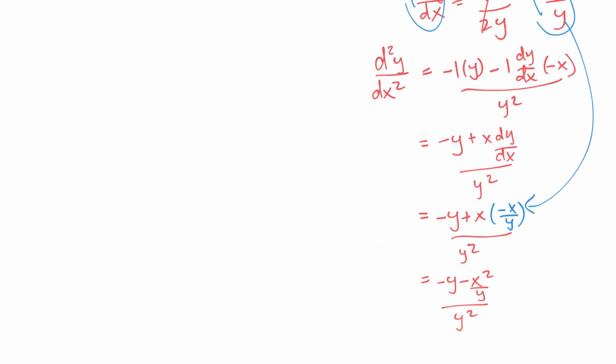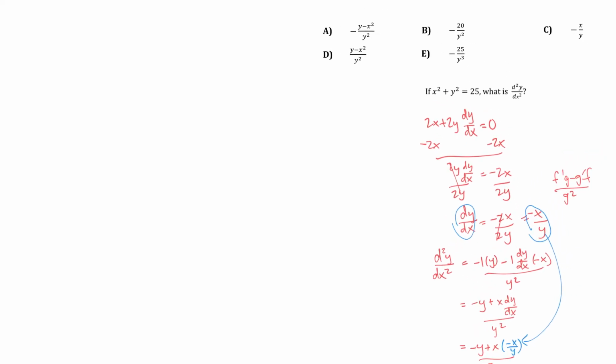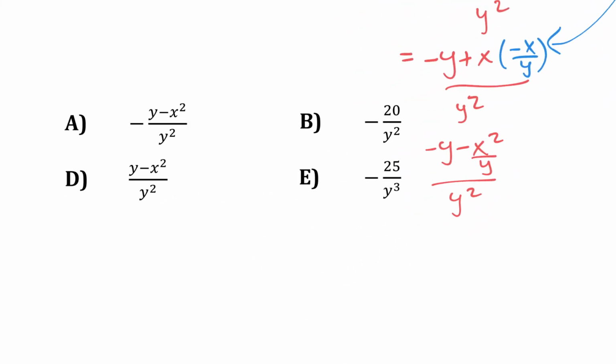Now, at this point, this looks nothing like any of our options. Let me bring down our options here. It looks like nothing. So we got to do the sneaky trick right now. We need to multiply all of this by y over y. And what does that do? That's negative y squared. The y's cancel out the next one, minus x squared over y times y squared is y to the third. And it looks like we would have to factor out the negative.